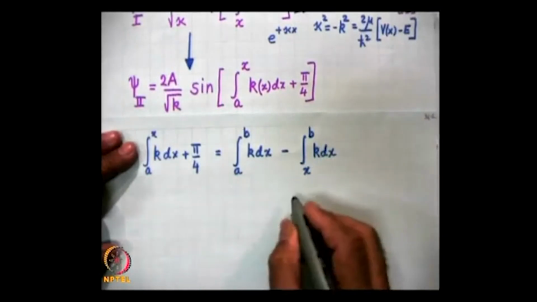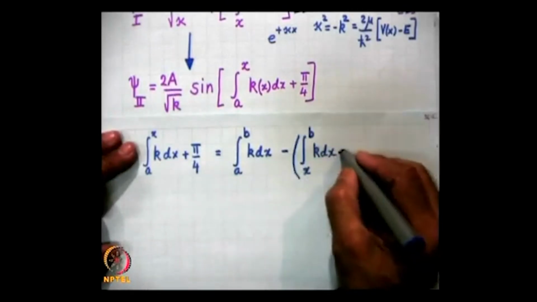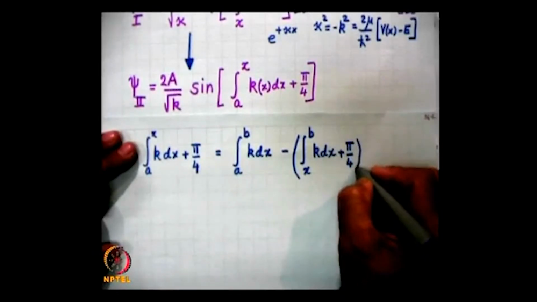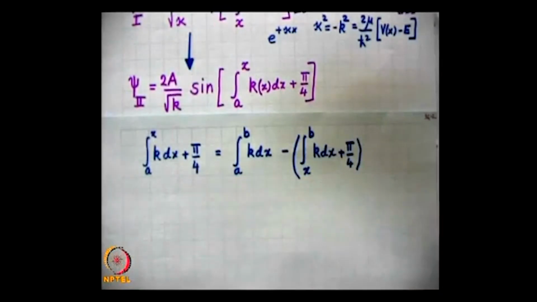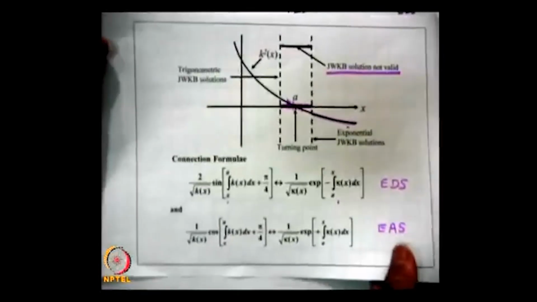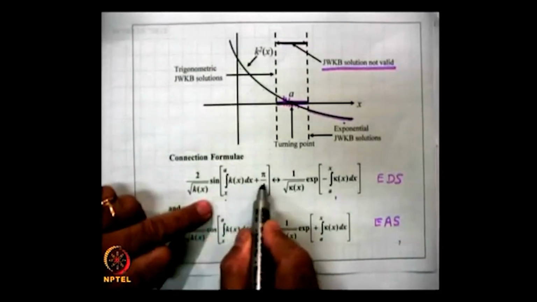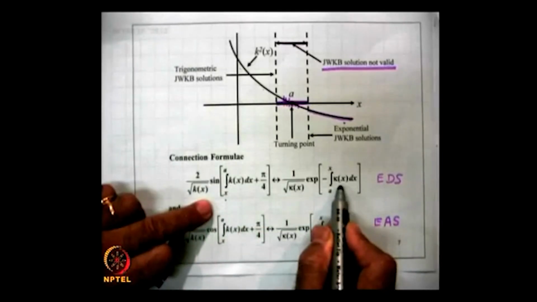But in order to use the connection formula, I must add pi by 4. So you have here, for example, integral x to a k dx plus pi by 4. This goes over to an exponentially decaying solution.